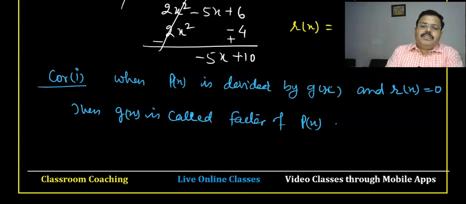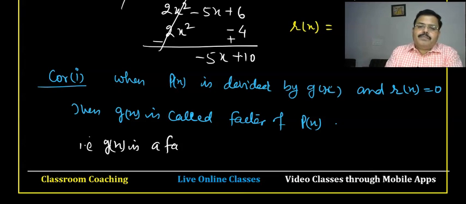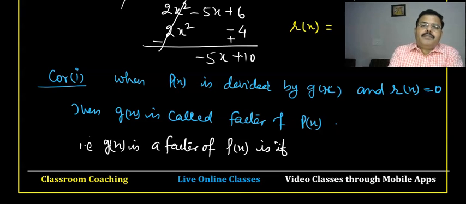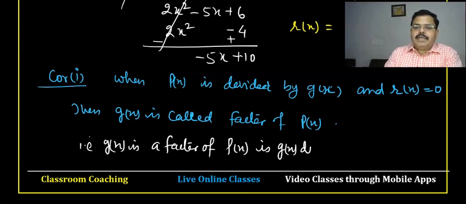That is, if gx is a factor of px, if gx divides px completely, completely means there is no remainder.